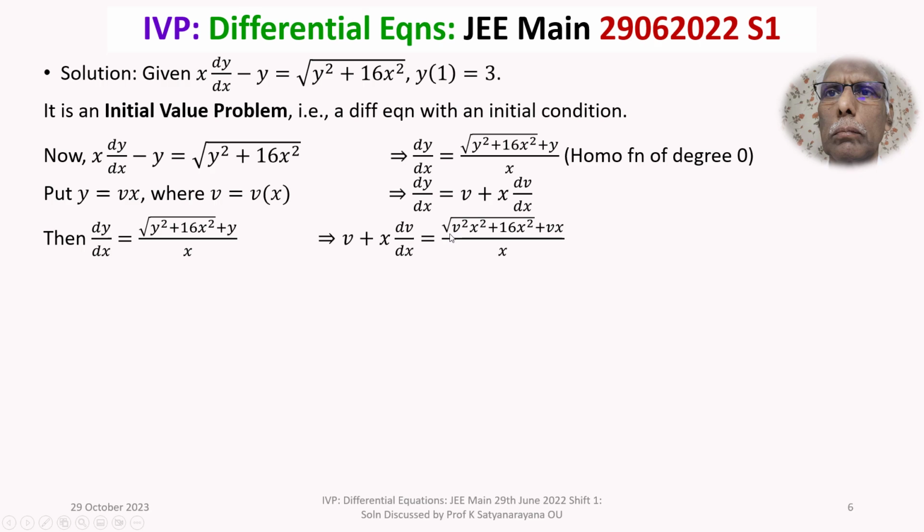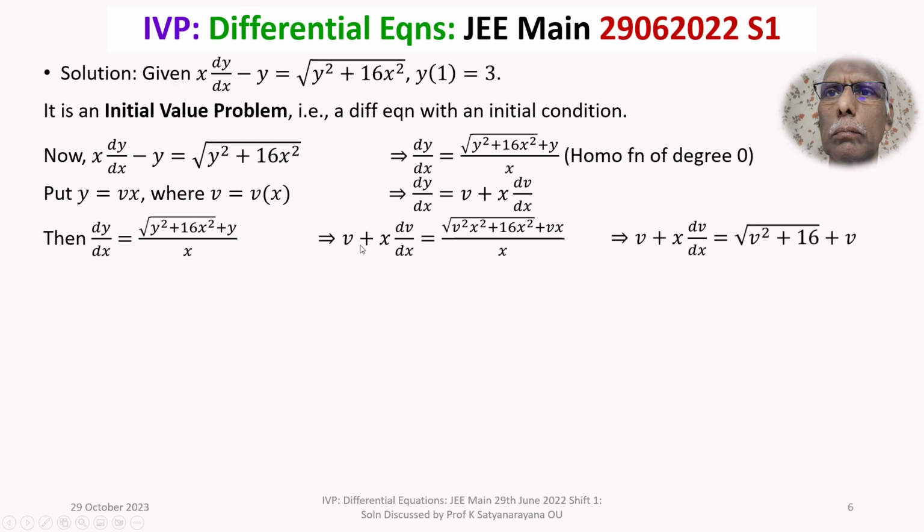Now in the numerator, under the square root of x square, that will come out as x, and x and vx is also there. In the numerator x is common, the denominator x is available, so cancelling we will get v.